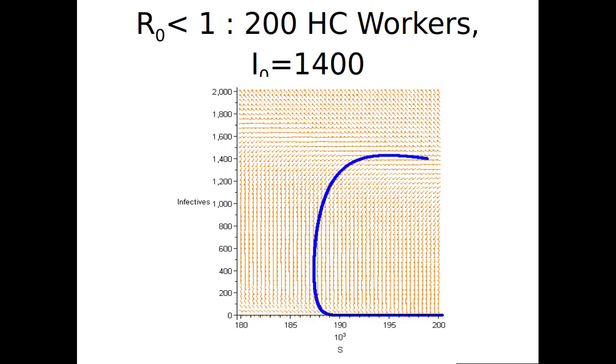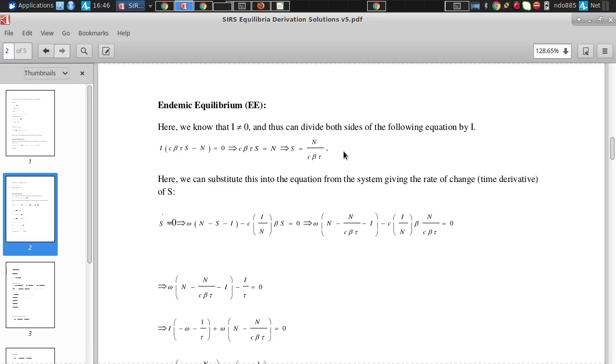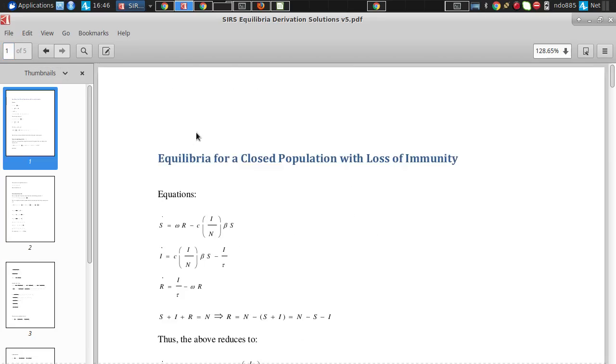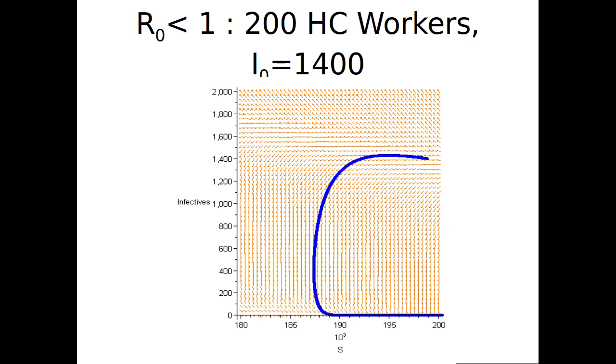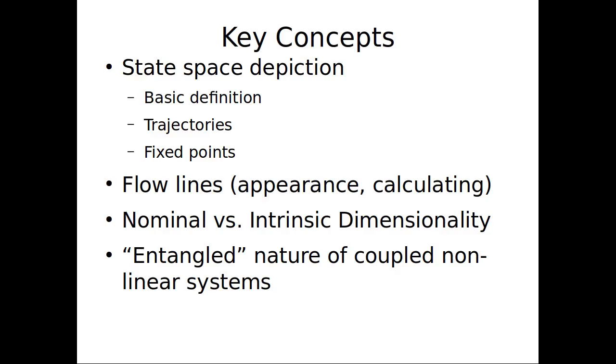So how do we calculate the derivatives at that place? Plug in the value. You just plug in S is this, I is that, into your equations, and you figure out is S dot positive or negative, right? And same thing with that. So that's how we do that.